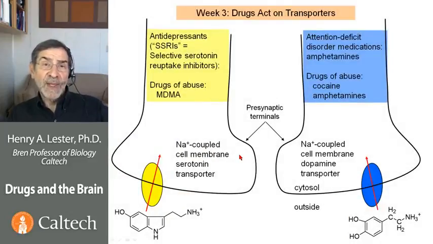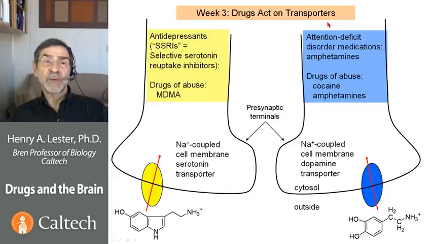Another important aspect of drugs in the brain is the actions of some drugs on transporters in the brain, especially on transporters for neurotransmitters, that is, neurotransmitter transporters or reuptake proteins. Among transporter ligands are the antidepressants, especially the selective serotonin reuptake inhibitors, SSRIs.